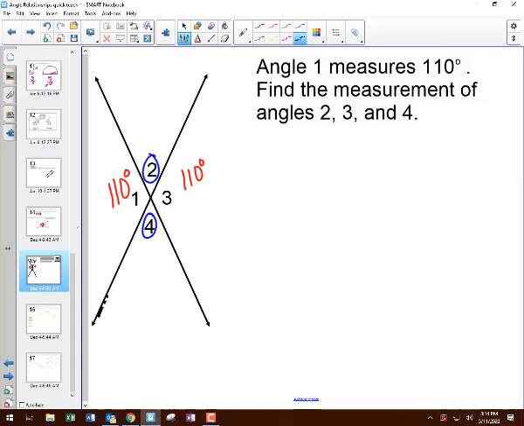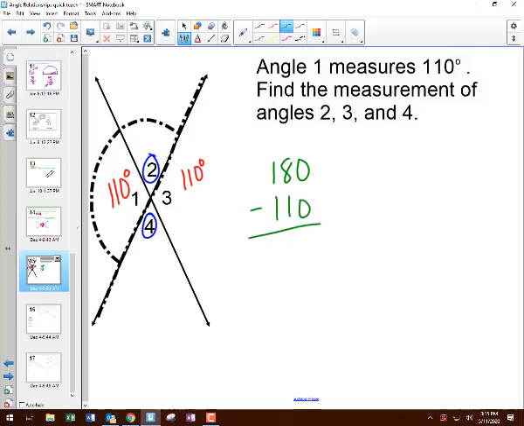Well, if we look for the straight angle here, remember we can make this semicircle right here. That means angle 1 plus angle 2 should equal 180. So if I take 180 and subtract away the 110, I'll know that angle 2 is going to be 70 degrees.